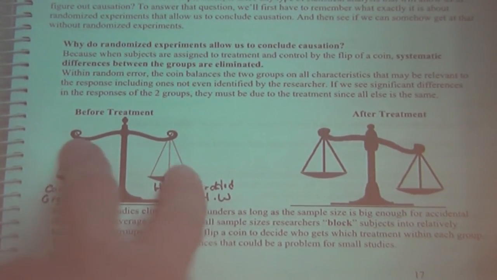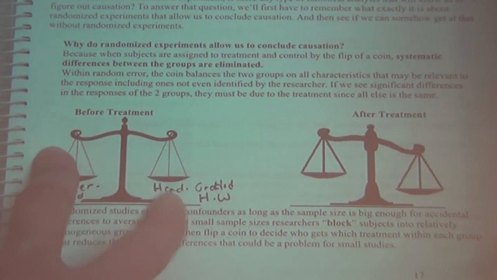Okay, so if I let them choose themselves, the scales are going to be tipped like this to begin with.